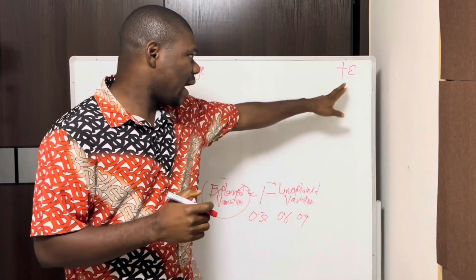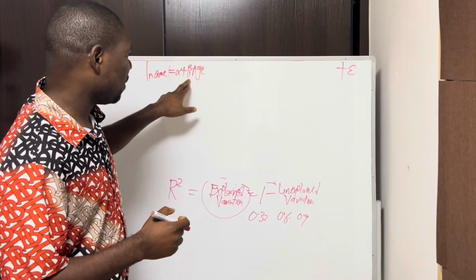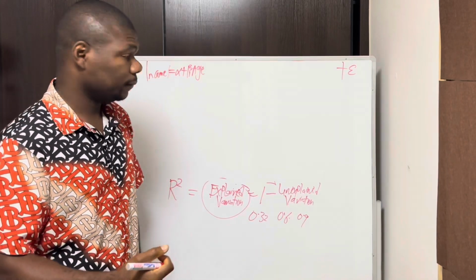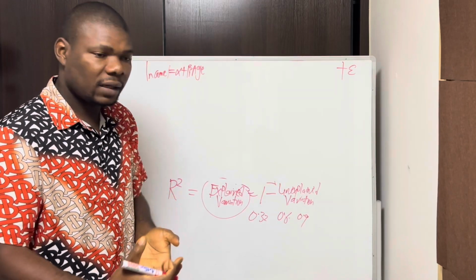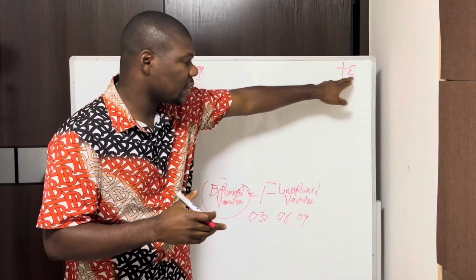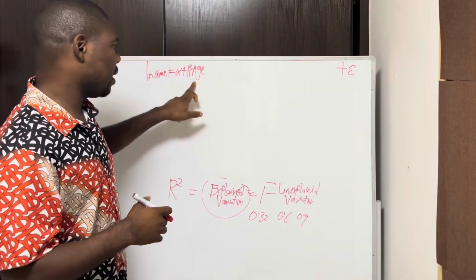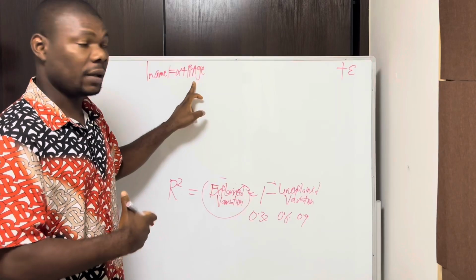And if that error is getting larger and larger, then your ability to accurately estimate the beta 1 becomes smaller and smaller. But if you want to reduce the errors you're making, then all you have to do is think of all those variables in the error term that are correlated with your age, which is the main independent variable.